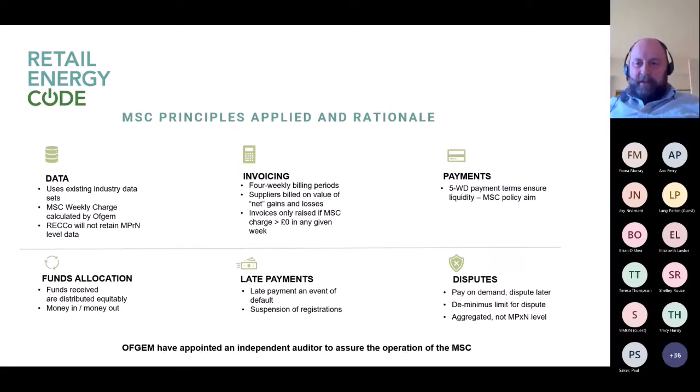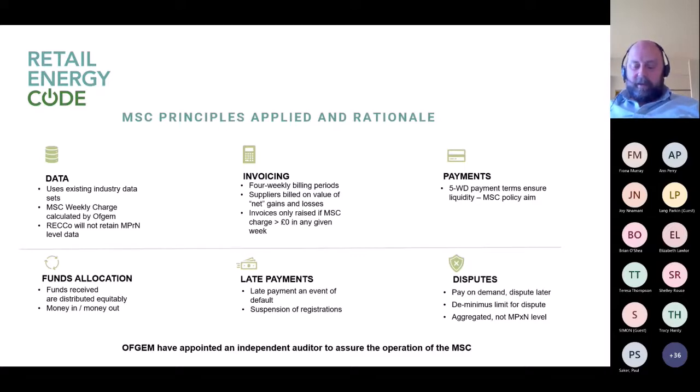In terms of payments, you'll be aware that RECO works currently on a quarterly billing cycle. That obviously wouldn't have worked for this set of arrangements, and nor would the usual 30-day payment terms that we have under the existing arrangements. In the interests of, again, trying to ensure liquidity, which is the purpose of the MSC policy fundamentally, we've adopted a 5 working day payment term.